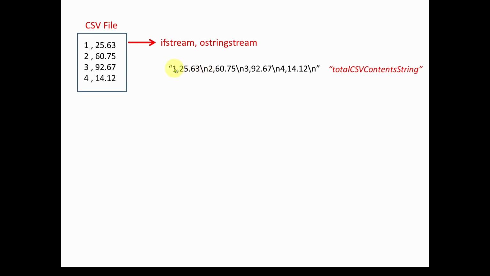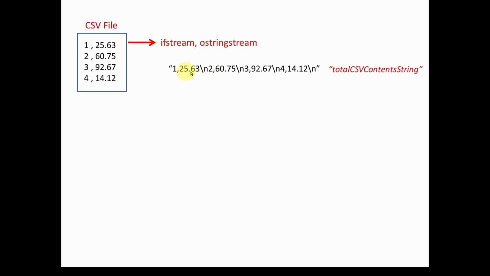But basically all of the characters, including the invisible terminating characters, all moved together into one complete string that we can then use and parse however we need to. In our case, I'm going to call that string that has all the contents in one line of data the total CSV contents string, all right?